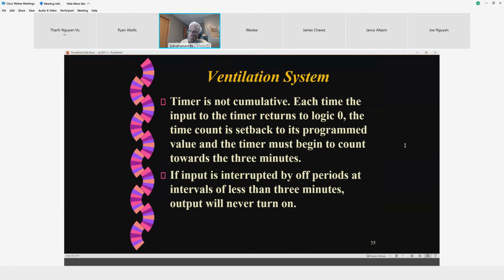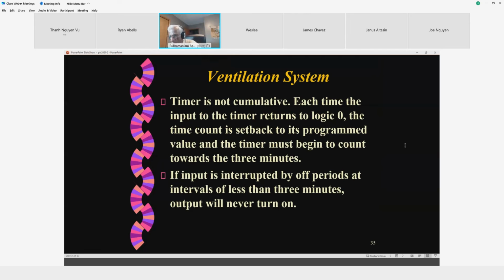Again, timer is not cumulative. Remember I said every time you switch on A, timer comes on and then boom, it goes away when its time element has reached the limit. So every time you make the input to the timer true, the timer is triggered.